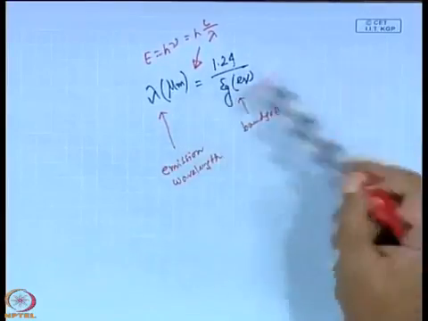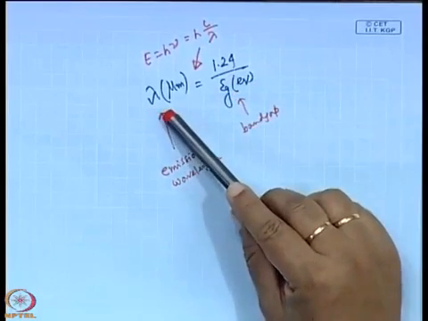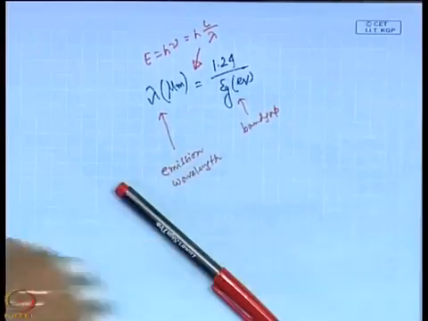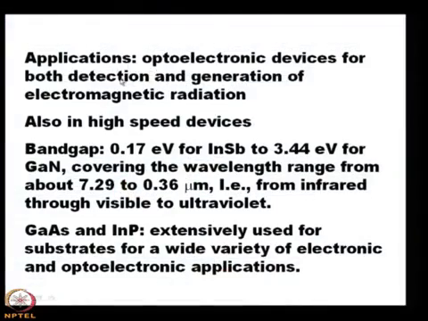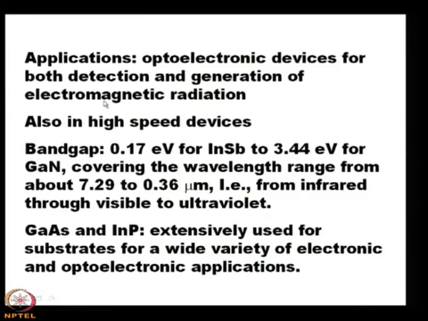Or if you take the example of indium antimonide or indium arsenide, which are narrow band gap materials, you will find that lambda becomes a wavelength in the infrared region. So, for detection and generation of electromagnetic radiation, these III-V compound semiconductors are very much essential, and also in high speed devices.